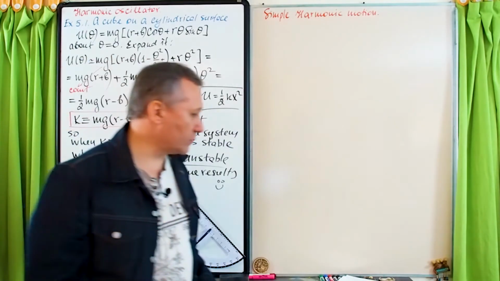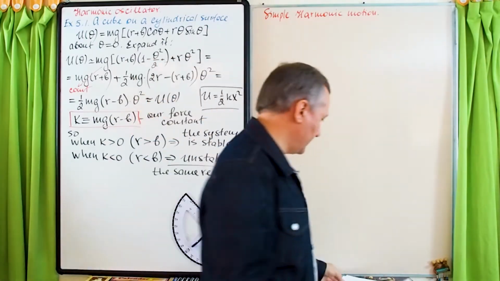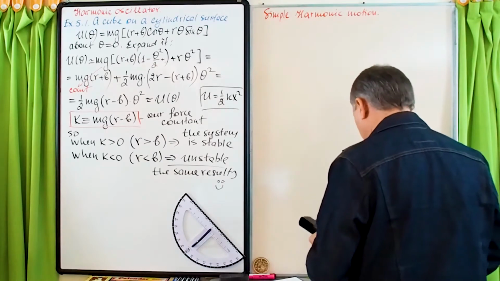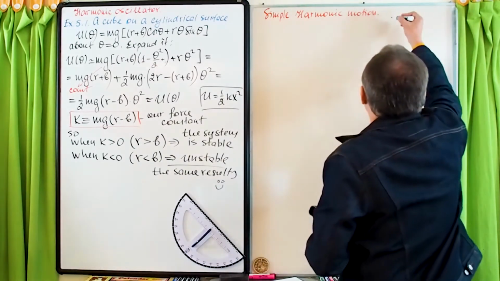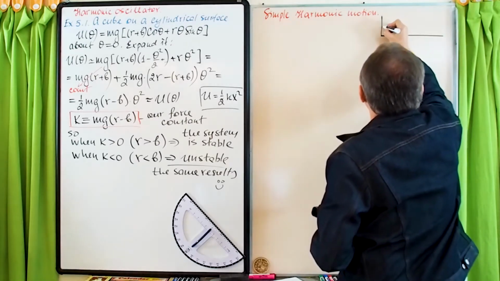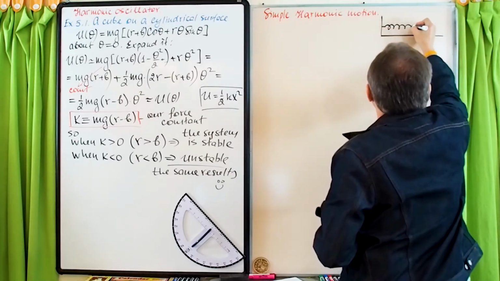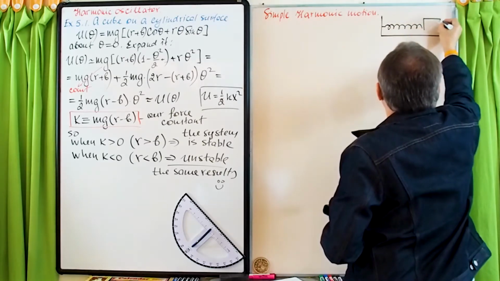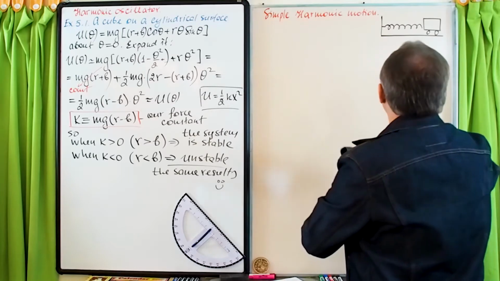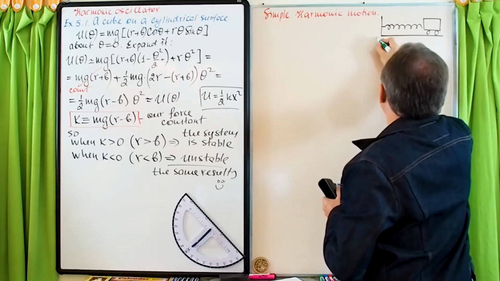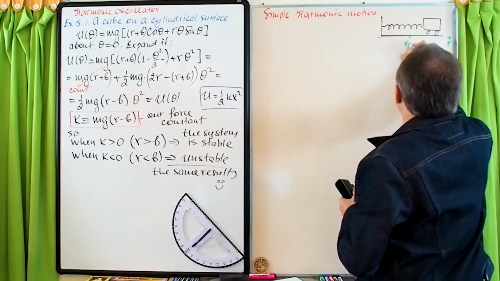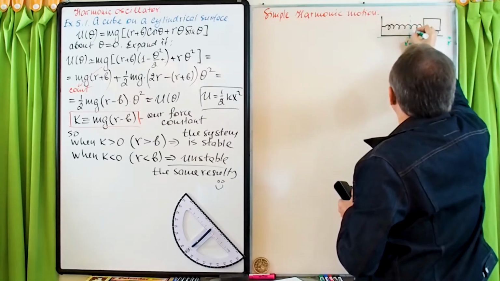So I will use just a mass-spring system, but it doesn't mean that we will be restricted to that system. All right, let's say this is our spring, some cart, with equilibrium somewhere. Let me introduce, of course, a coordinate system: x, let's say this is x equals 0, so that's equilibrium.